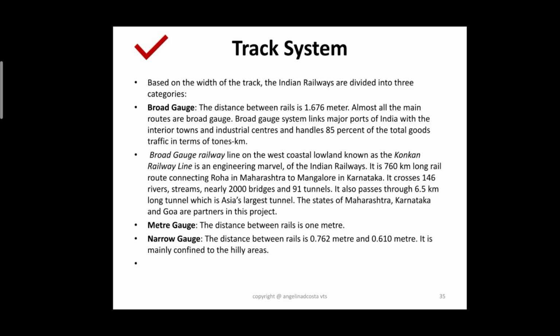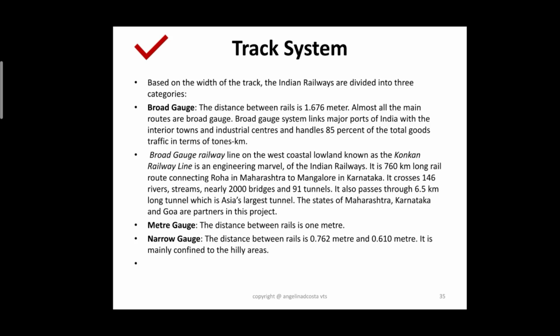Meter gauge, the distance between the rails is 1 meter. Narrow gauge, the distance between the rails is 0.762 meters and 0.610 meters. It is mainly confined, as I told you earlier, to the hilly areas. If you take a look closely at this picture, you will see two gauges, the narrow gauge.